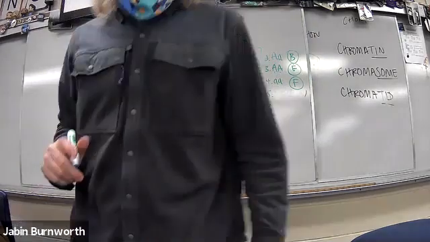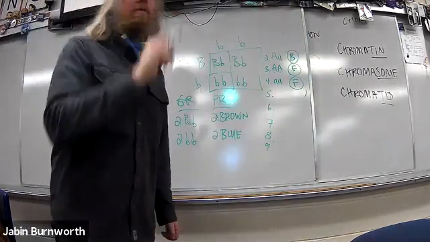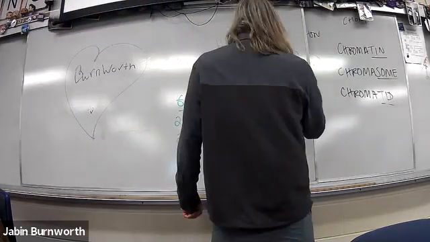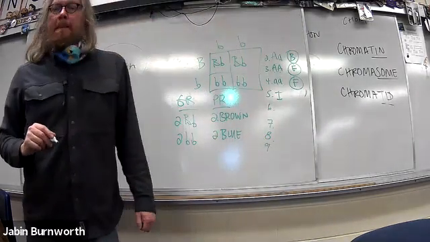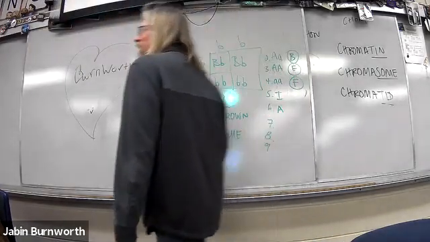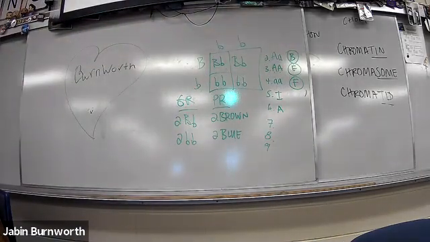Now, number 5 says the looks. Looks is the phenotype, so that's letter I. The genotype is A. Good job. Now 7, 8, and 9 are hard. Number 9 is the only one technically that you should be able to get based on what we talked about.